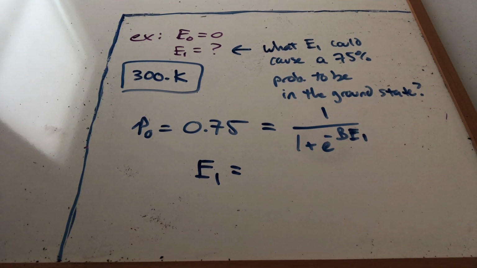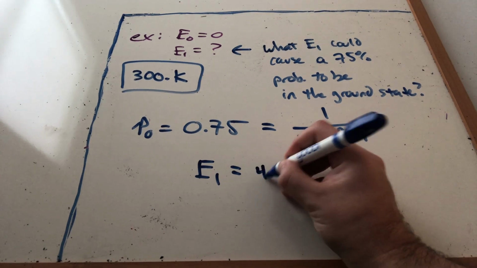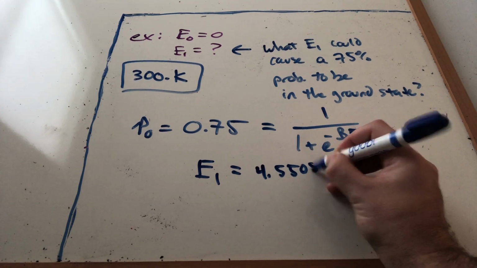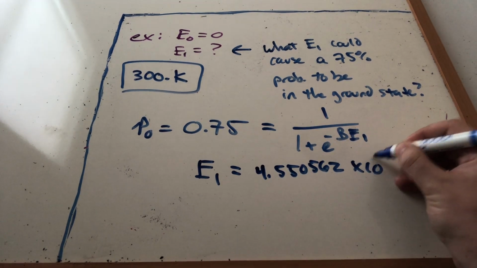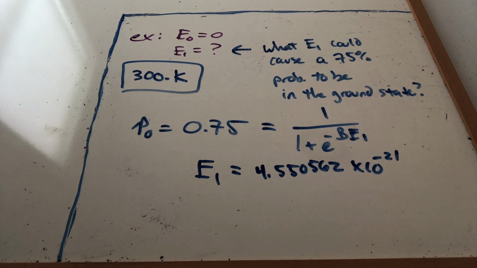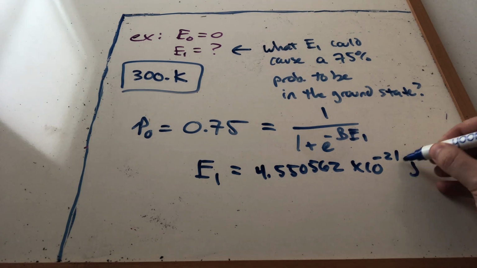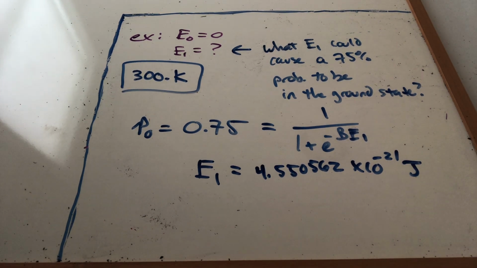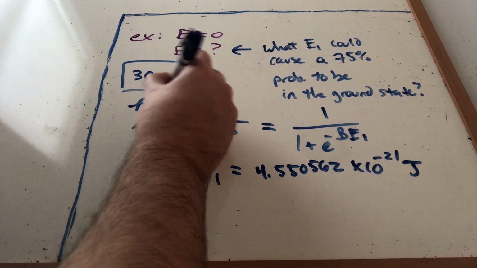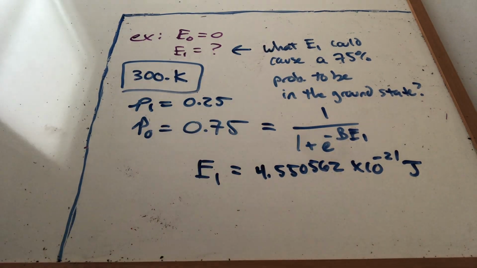When I do this, what I get for E1 is 4.550562 times 10 to the minus 21. I didn't pay attention to significant figures, but the units here would be joules. So in this situation, you only have 25% probability to be in the excited state. You still have a 75% probability to be in the ground state.